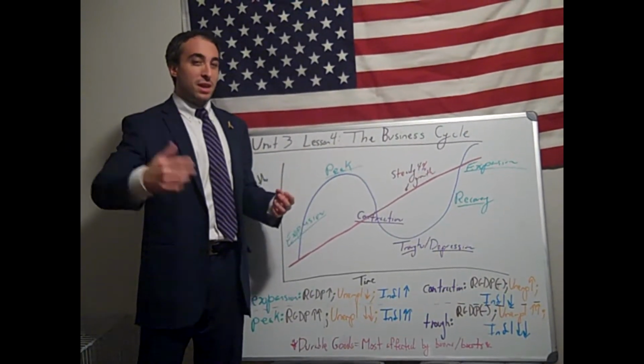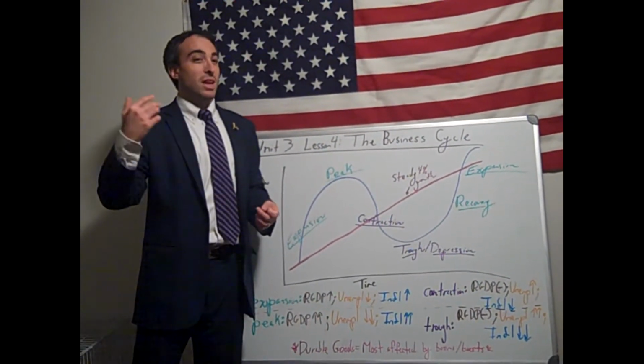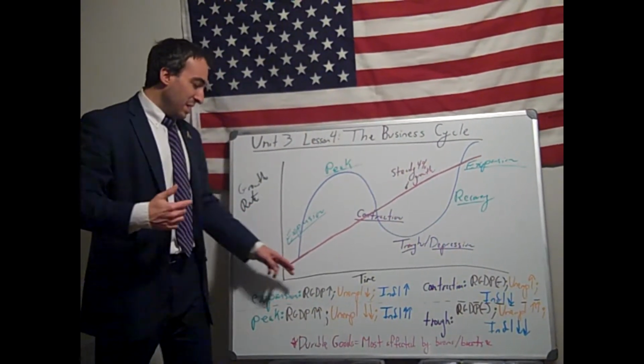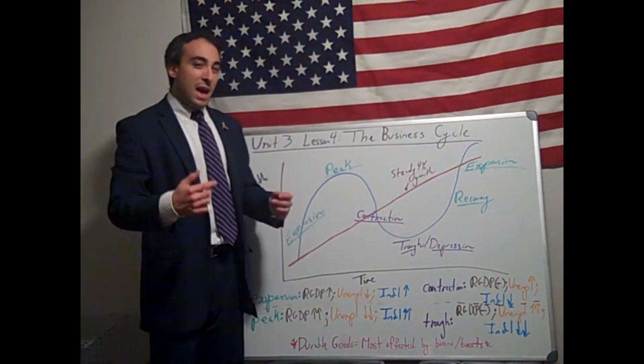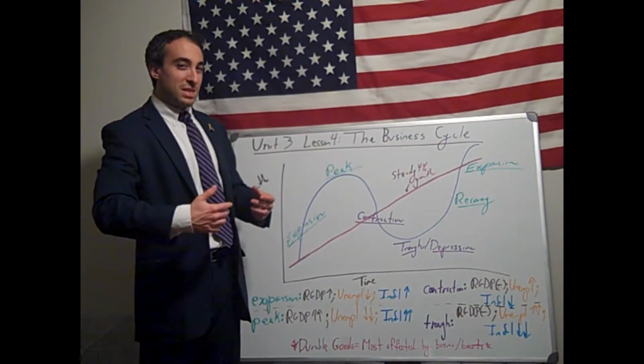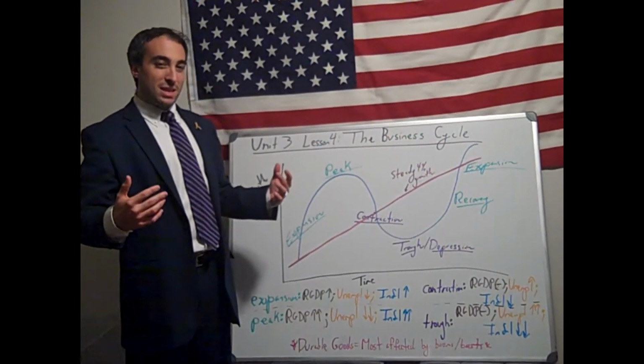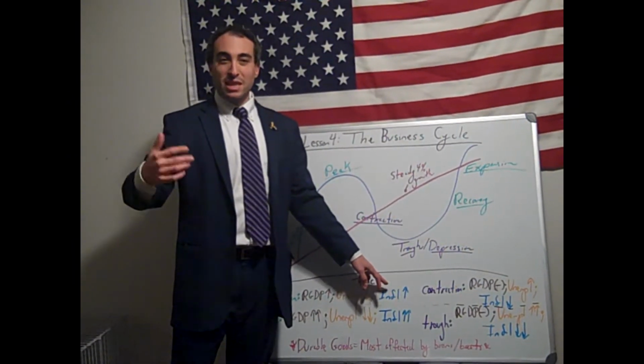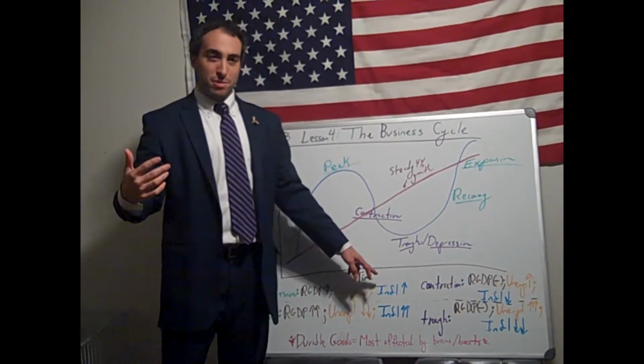One, an increase in production means more labor is needed to produce those items, so unemployment is decreasing. And because unemployment is decreasing and there's more spending in the economy, there will be some inflationary pressure. You will see the inflation rate slowly increase.